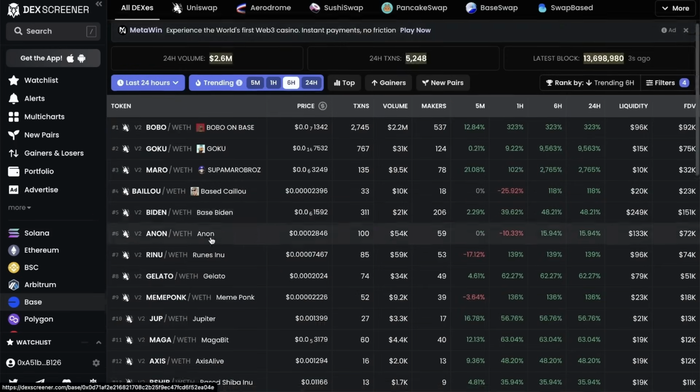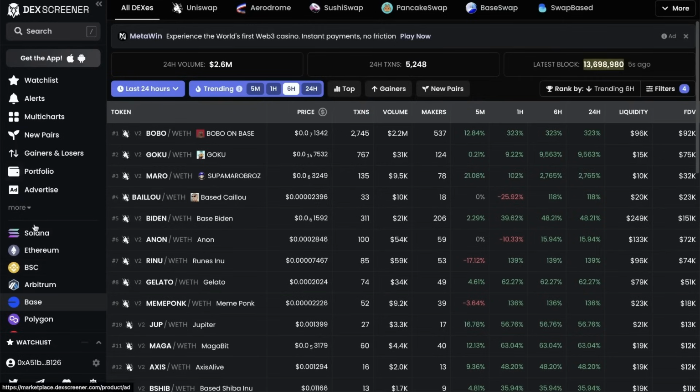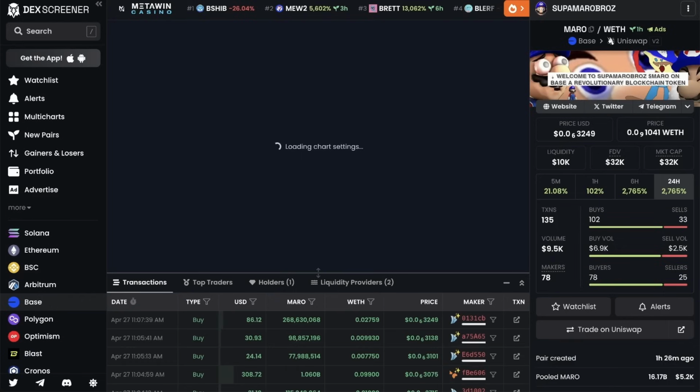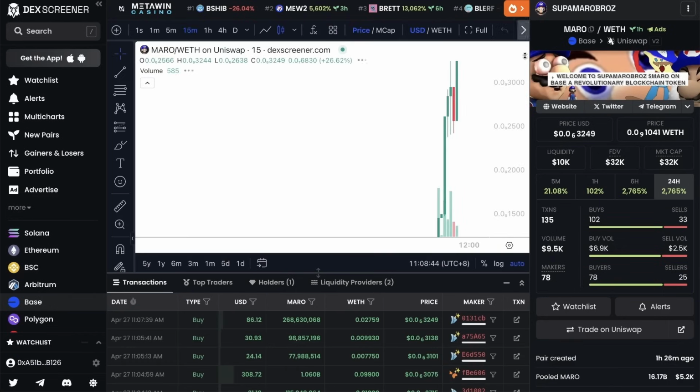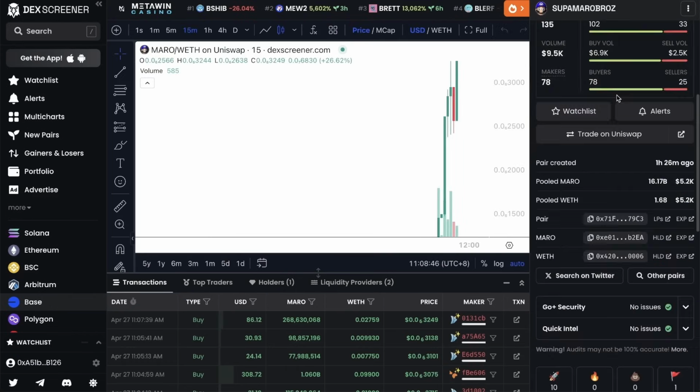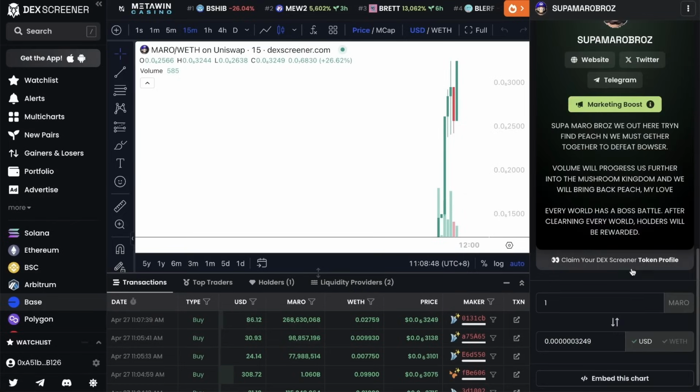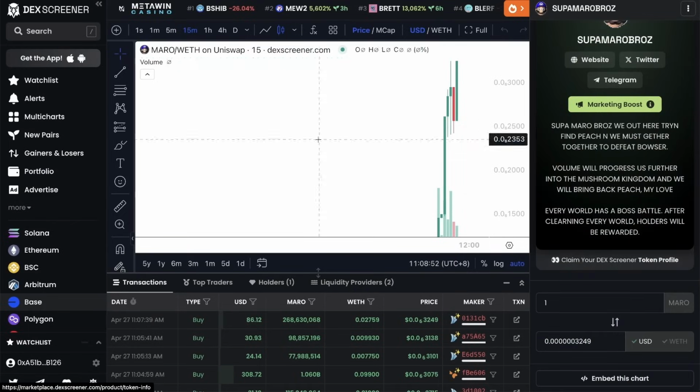Here we can see how many coins we have. Now we trade on base, and base is particular because you will not see the logo of the coin until they decided to pay for the enhancement on DexScreener. People need to pay for this. You see here, claim your DexScreener token profile.